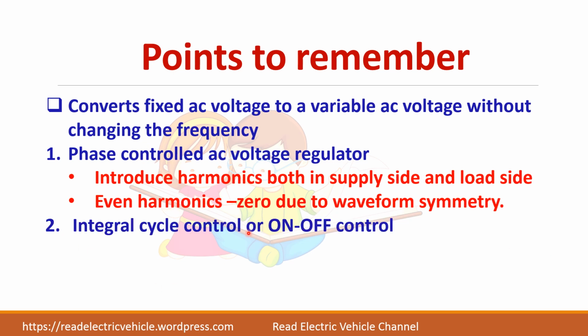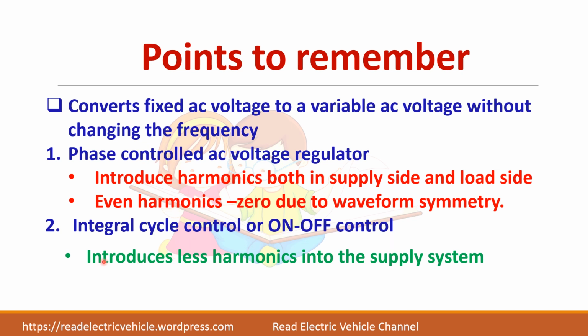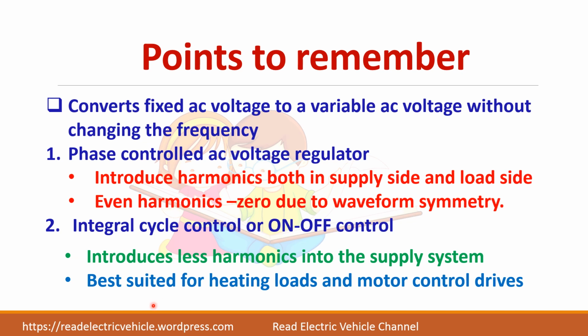And integral cycle control or on-off control, in this method the harmonics are less compared to the phase control regulator, and this is best suited for heating loads and motor control drives which have more mechanical time constant.